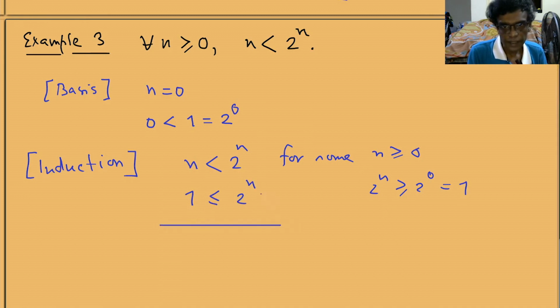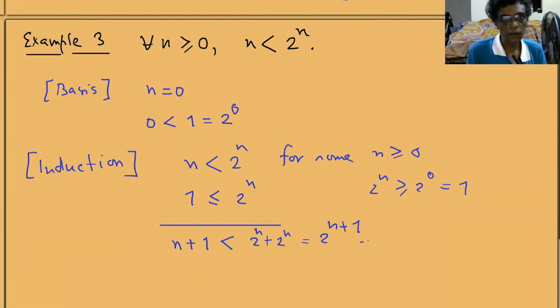Now if I add them up, this is a less than or equal sign, and this is a less than sign. Now if I add, it will be less than sign: n plus 1 less than 2 power n plus 2 power n, equal to 2 power n plus 1. So this completes the inductive step.